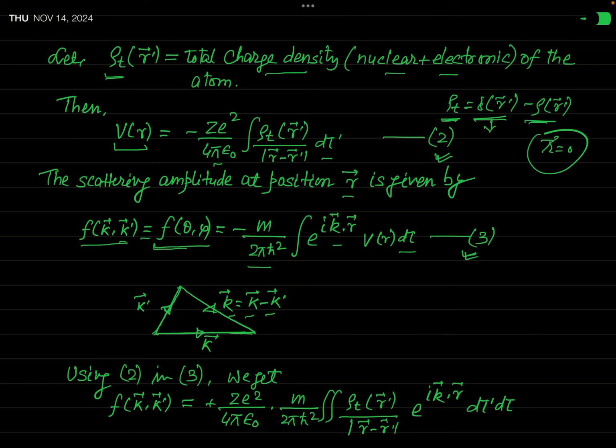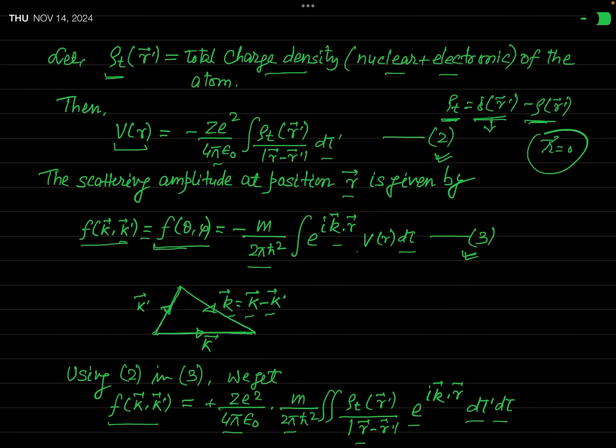After the use of equation 2 in 3, the scattering amplitude will be given as f of k comma k prime equal to plus ze square over 4 pi epsilon naught times m over 2 pi h bar square and double integral of rho of r dashed over mod of r minus r dashed, e to the power i kappa dot r, d tau dashed d tau.